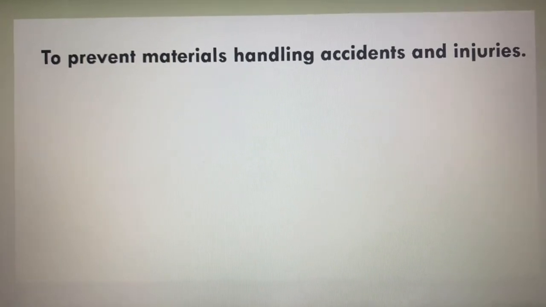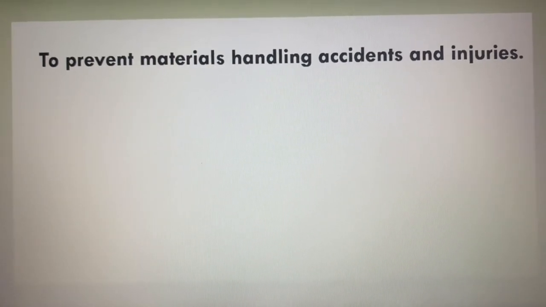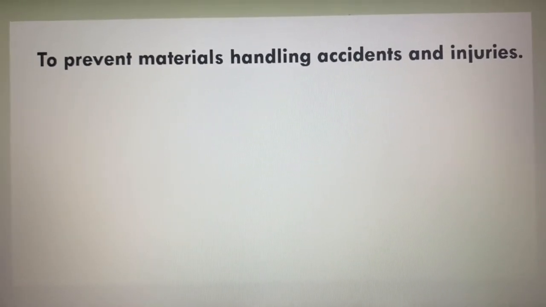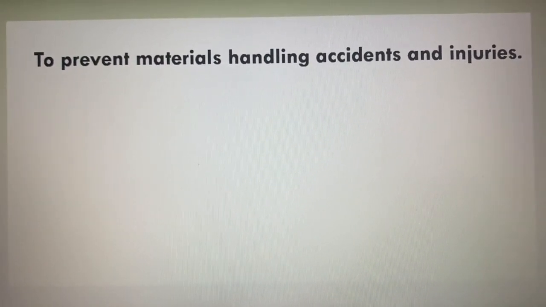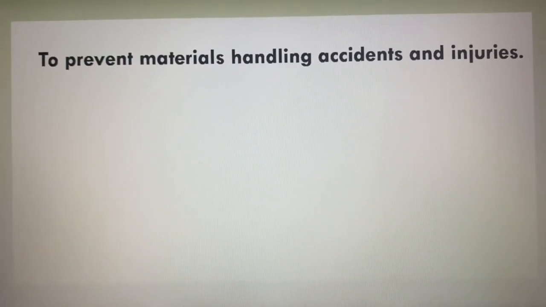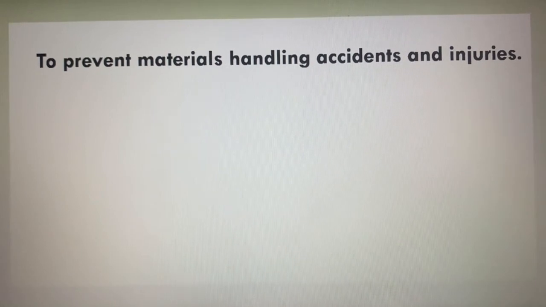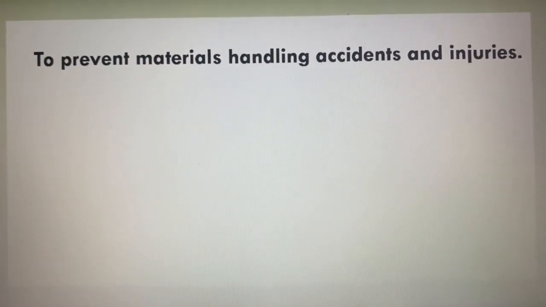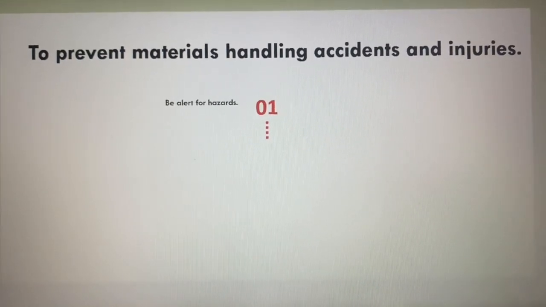In summary, it is you who can prevent materials handling accidents and injuries. So it is our responsibility to secure our safety and also that of our co-workers. We can achieve this by remembering the following. Number 1 is be alert for hazards.